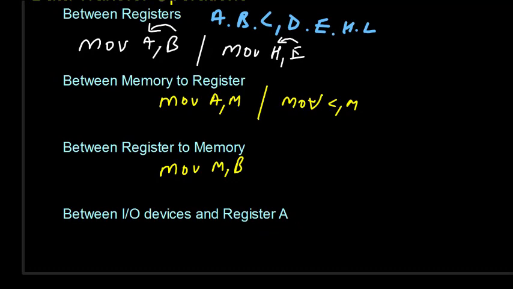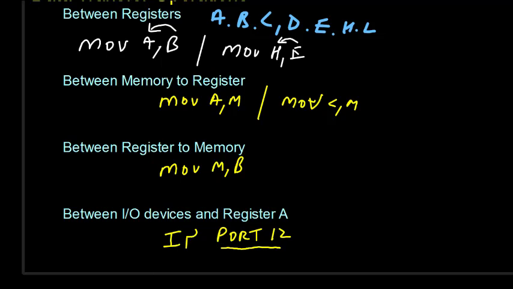Then next is between input output devices and registers. We have any number of inputs and outputs in our system, so we can transfer the contents of A to any output device, and transfer the contents from any input device to register A. For example, if I write IN port 12, this instruction gets the input from port number 12 to register A. It only transfers to register A, not to any other register.